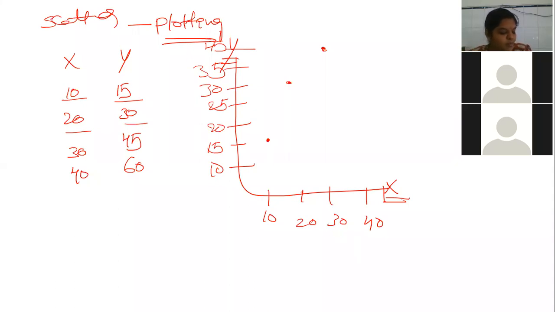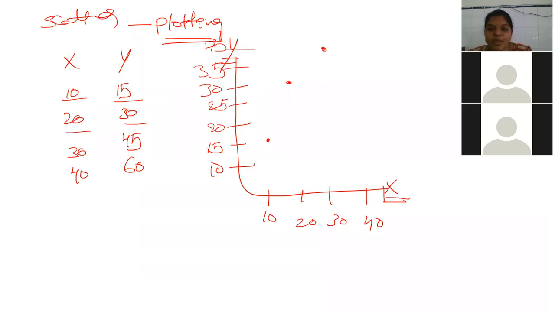This is the simplest method for ascertaining whether there is any relationship present between two variables.